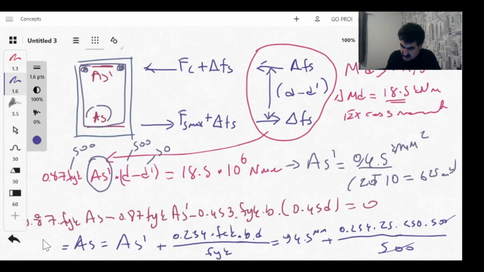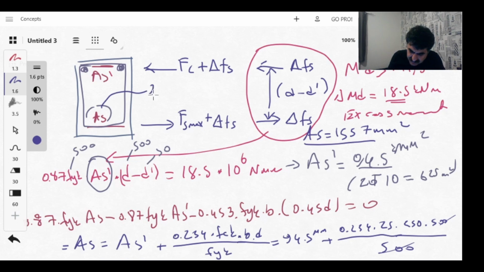AS equal to 1557 millimeters squared. Okay, so we can consider here 25 millimeter bar.